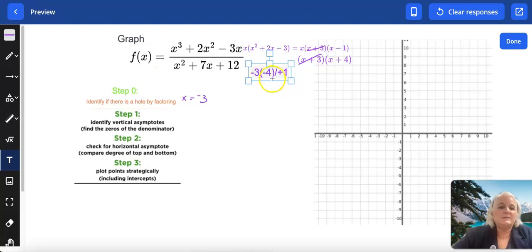So negative 3 times negative 4 is equal to a negative 12. Divided by a positive 1 remains a negative 12. So my y is negative 12 when my x is negative 3. And that's going to give me my hole. y equals negative 12.